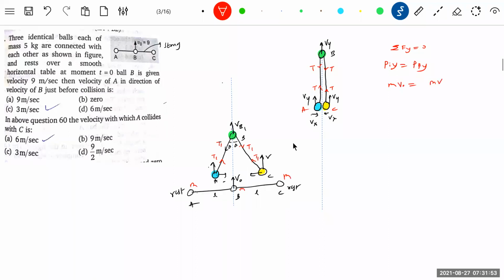The final momentum is m vy plus m vy plus m vy. So vy equals v naught by 3. Okay, this is the initial velocity; like this we can calculate.